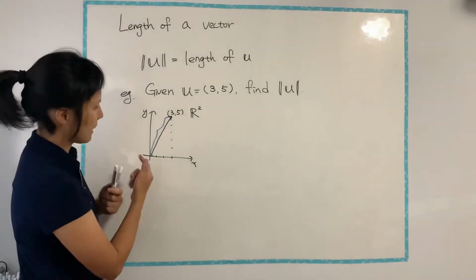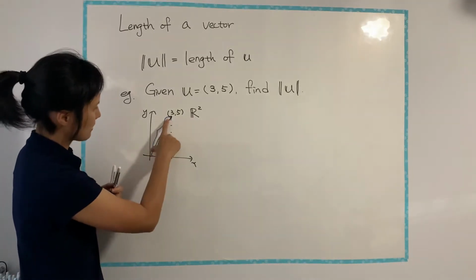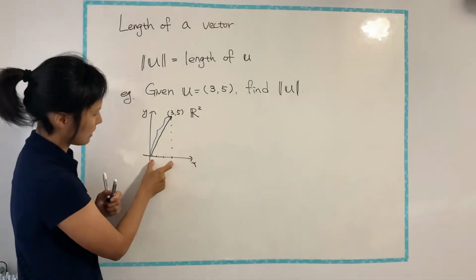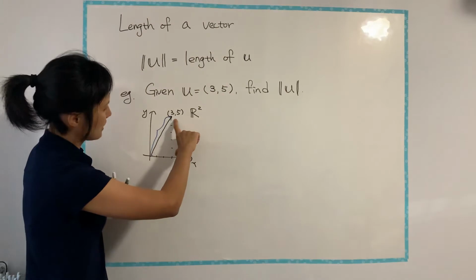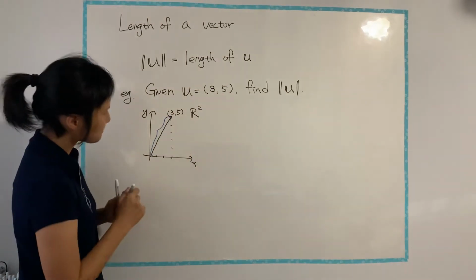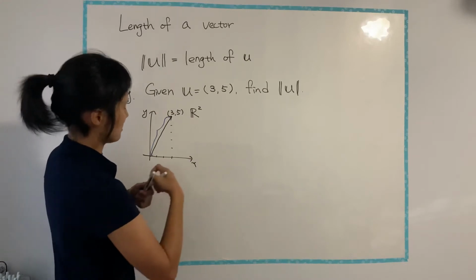So how do we find this length? We know that by the Pythagorean theorem, the length of this would be the square root of the square of the length in the x direction plus the square of the length in the y direction.